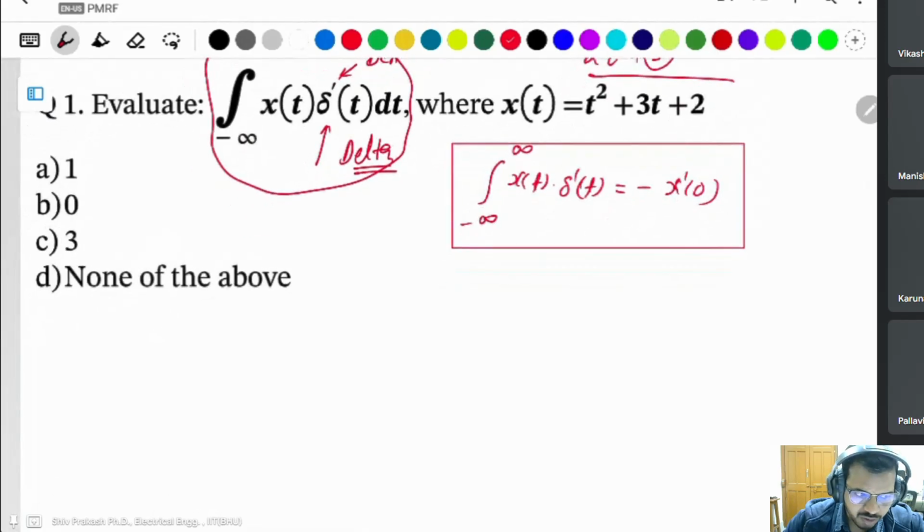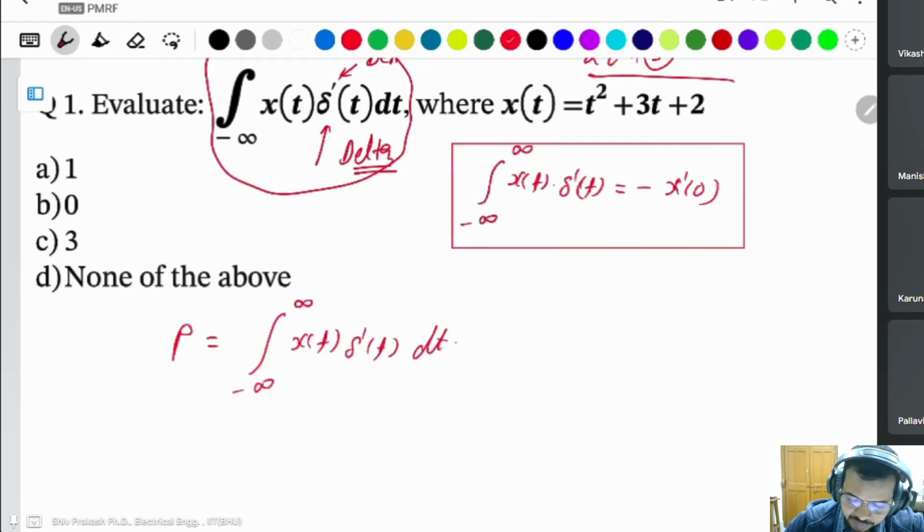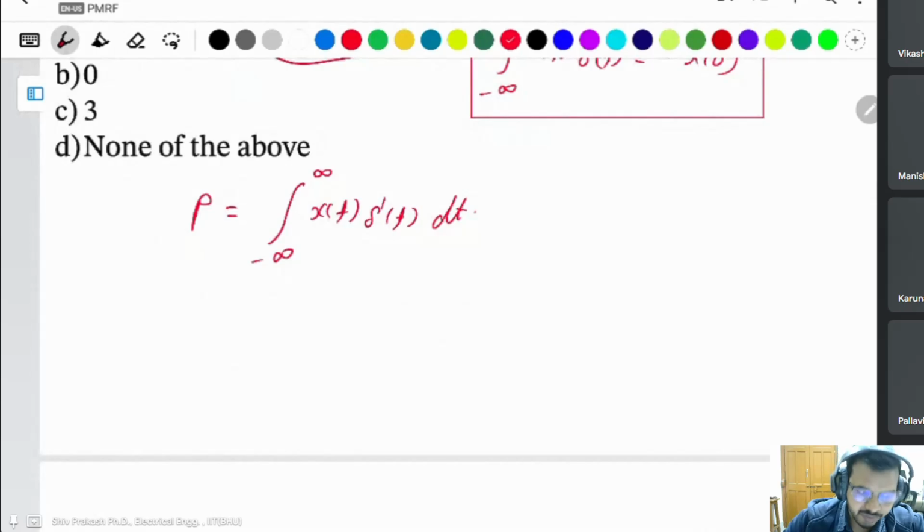But how can we solve this question? Suppose some function has the integral from minus infinity to infinity of x(t) del dot t into dt. How can you integrate this one?